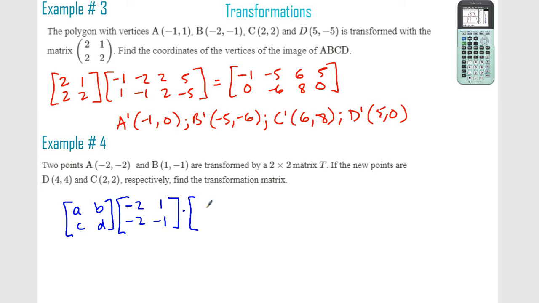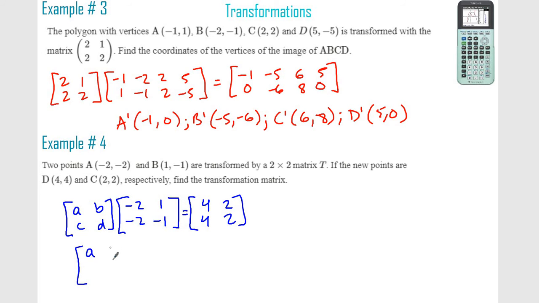And we're going to get our new points, 4, 4, 2, 2. All right, so how do we get our transformation matrix? All right, so that's just a matter of moving that to the other side.